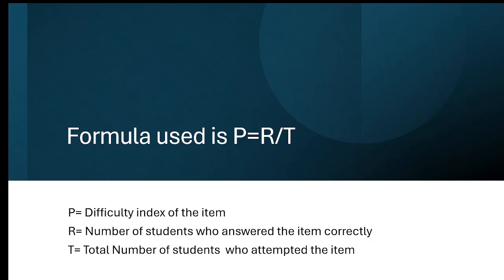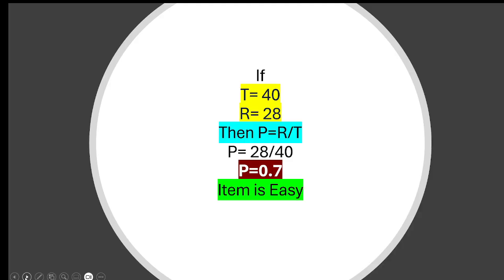After collecting the data, he is going to apply this formula in order to find out the difficulty index of each and every question that he has constructed and used in his unit test. So after collecting the data, what the teacher is going to do? The teacher is going to apply this formula.